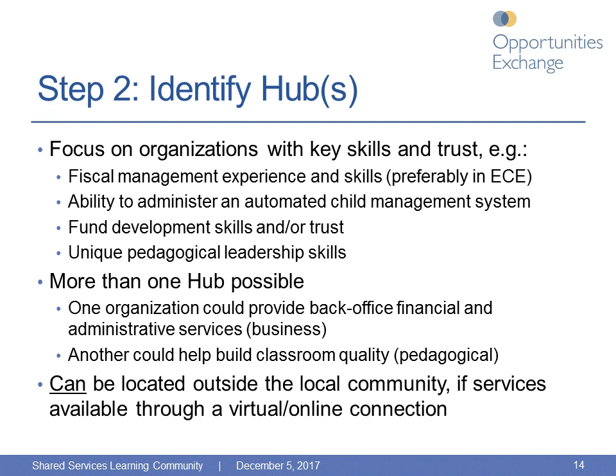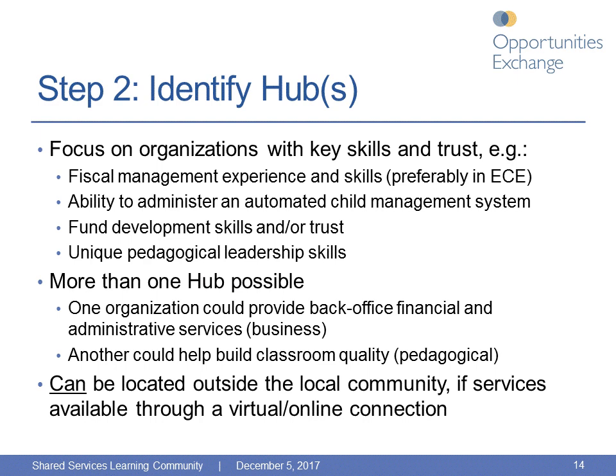So you would look for an organization, for instance, that had some fiscal management experience, hopefully in the early care and education field, someone who's able to administer a child management system, someone who has fund development skills, someone who has some unique pedagogical leadership skills. So you want to find somebody who has value and is able to address provider needs.